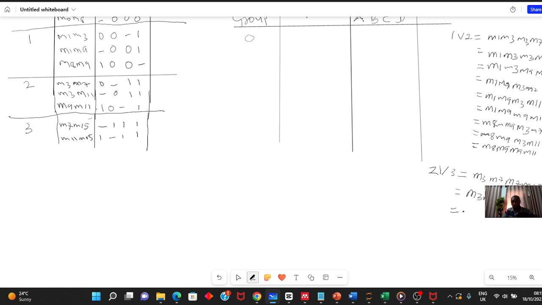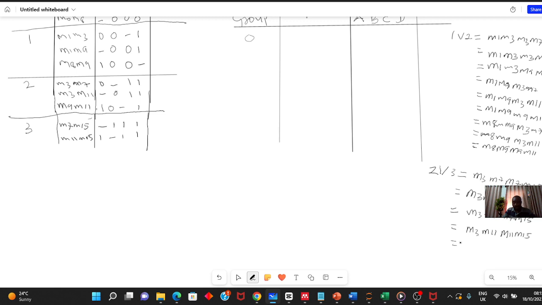And then the next one in the grouping is M3, M11 with M7, M15, right? So M3, M11, and then M11, M15.